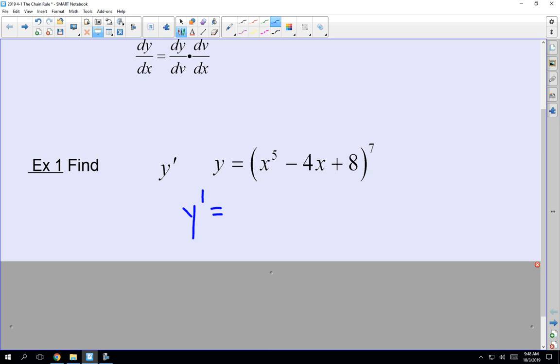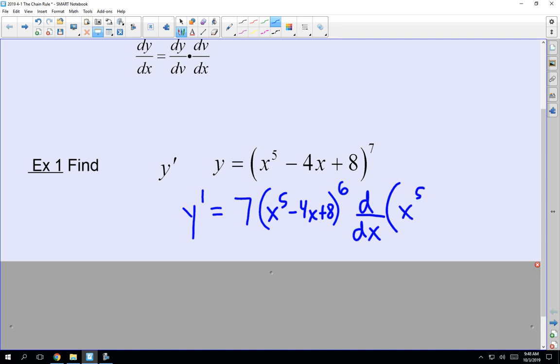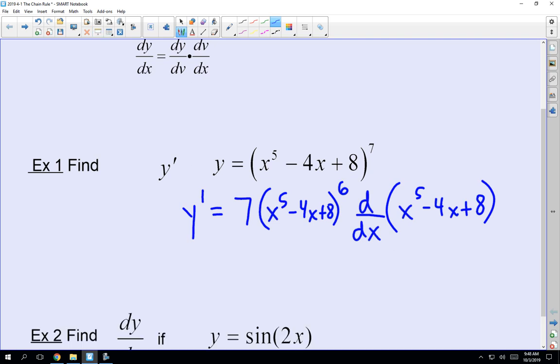So bring the 7 out in front. This thing in parentheses is just a thing, it's its own variable. And then to the 6th power, so we have this so far. And then we just have to do d dx of this, x to the 5th minus 4x plus 8, and that's it. So we take the derivative of the outer function using the power rule.